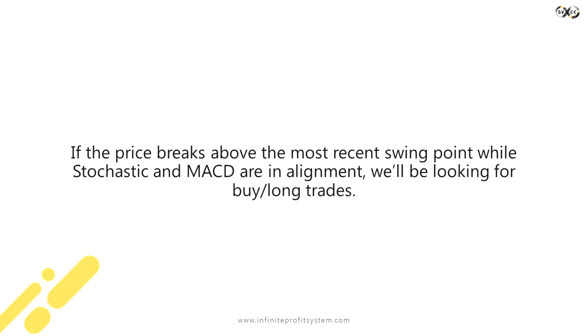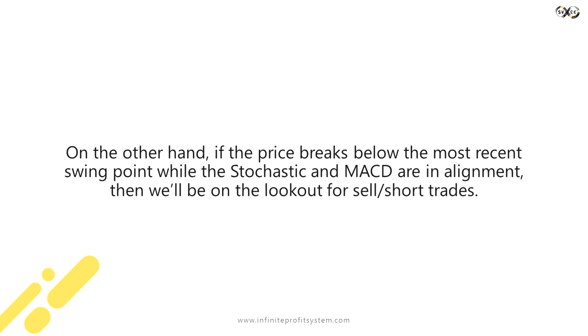If the price breaks above the most recent swing point, while stochastic and MACD are in alignment, we'll be looking for buy or long trades. On the other hand, if the price breaks below the most recent swing point while the stochastic and MACD are in alignment, then we'll be on the lookout for sell or short trades.